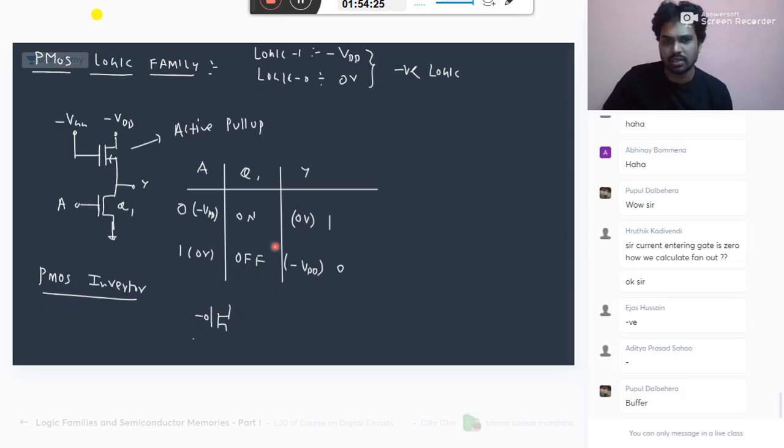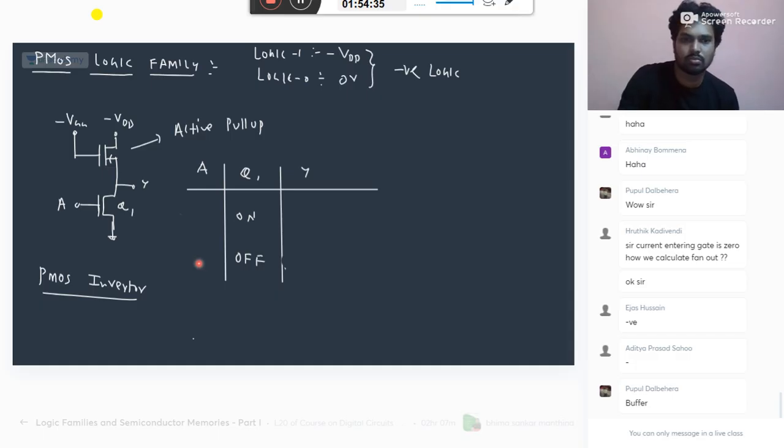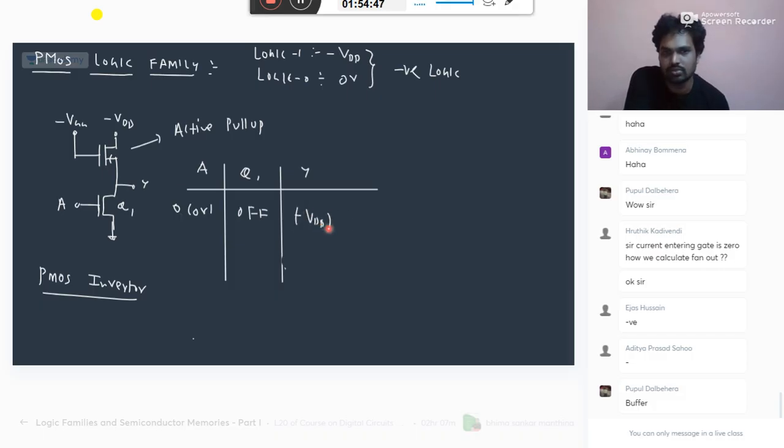Now listen here. Same circuit, but the difference is one thing. If you give 0, which is 0 volts, it will be off. Then you get minus VDD, that is 1.